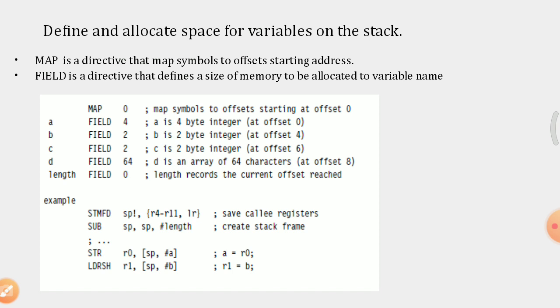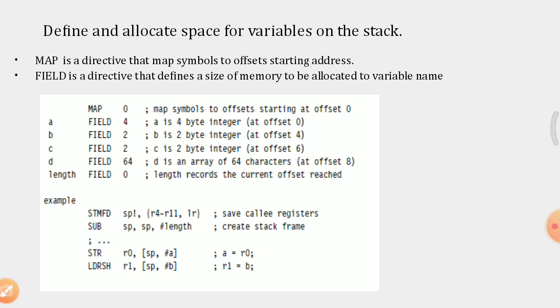Here MAP is a directive that maps symbols to the offset starting address. Say for an example, if I want to allocate space for some variables like a, b, c, d: a variable is of 4 bytes, b variable is of 2 bytes, c variable is of 2 bytes. So I'll restrict here, so I'm allocating only 8 bytes, for example.